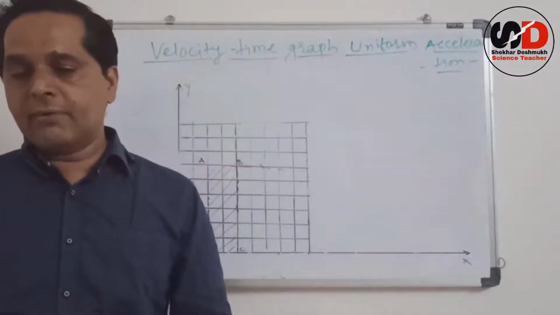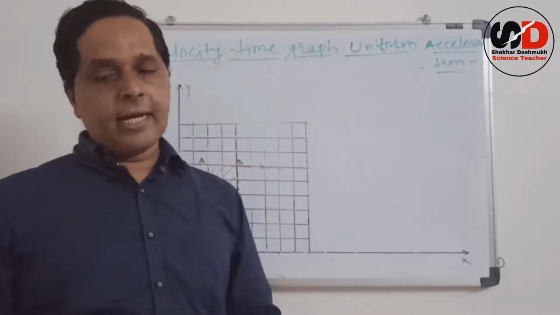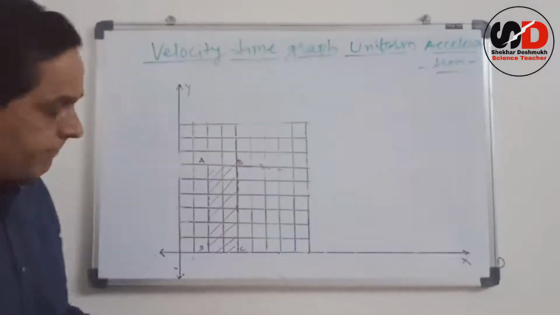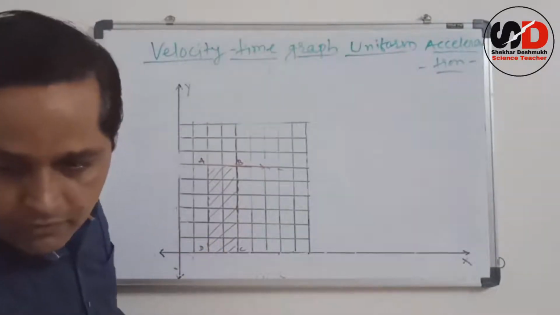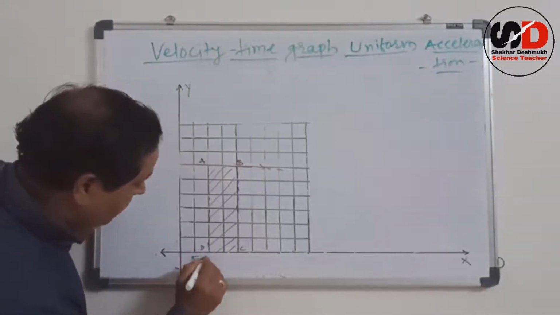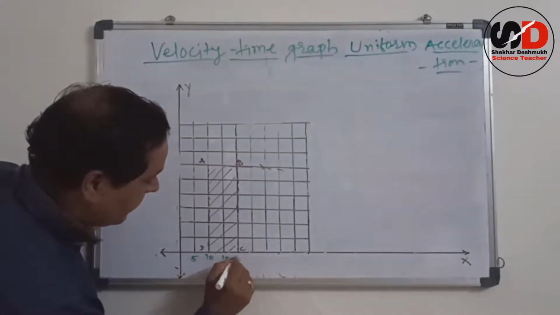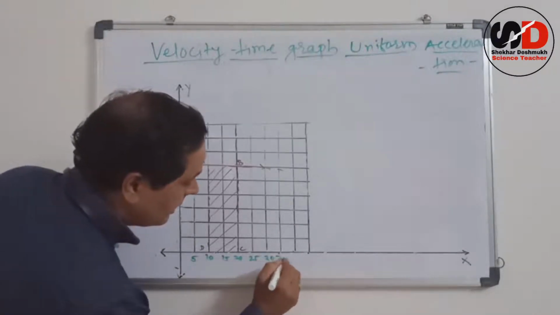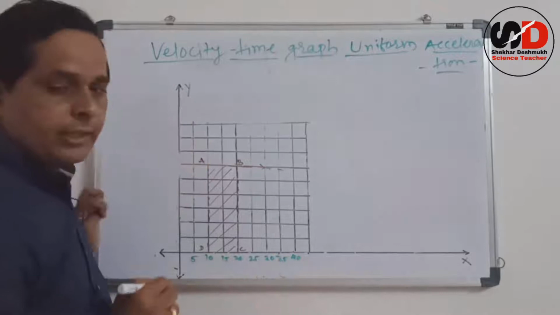So the scale and graph are given here. We will try to draw the graph here. On the x-axis it is 5, 10, 15, 20, 25, 30, 35, 40.